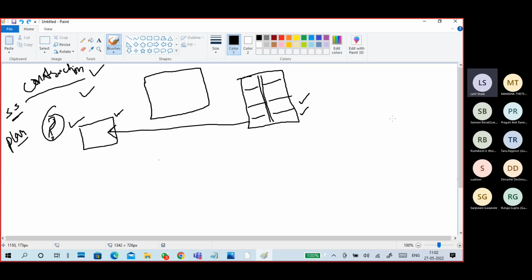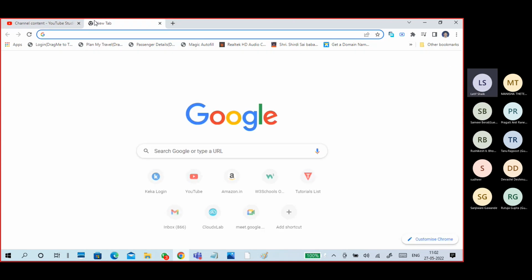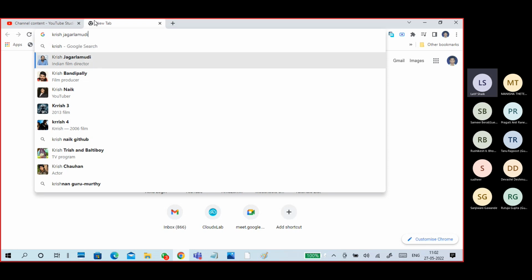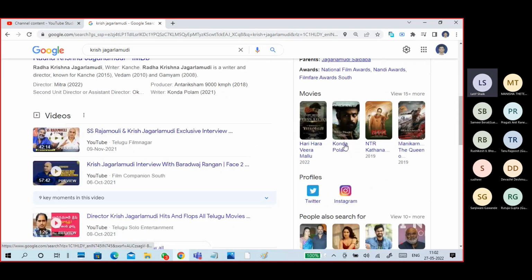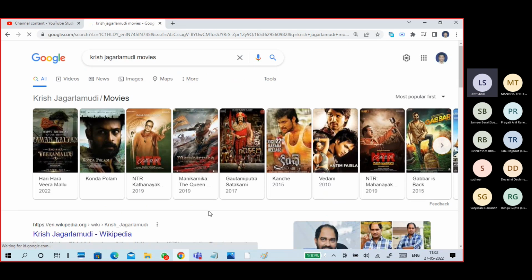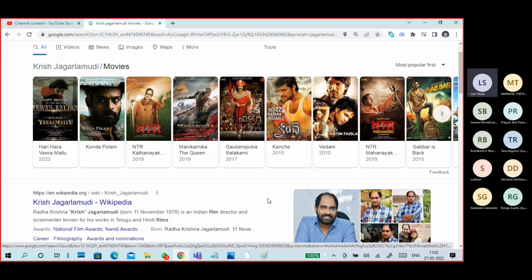There are also certain other movies. There is a director called Krish, who has also made some Hindi movies, and there is a new movie coming.